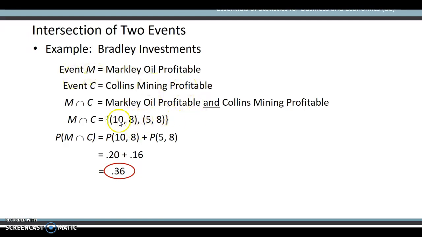There's only two cases of that, 10, 8 and 5, 8. We add up the probability of 10, 8 with the probability of 5, 8. We substitute in 0.2 and 0.16. So there would be a 0.36 probability or a 36% probability that both Markley Oil and Collins Mining prove to be profitable.